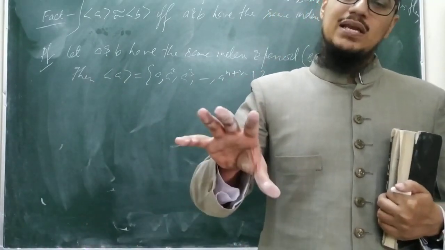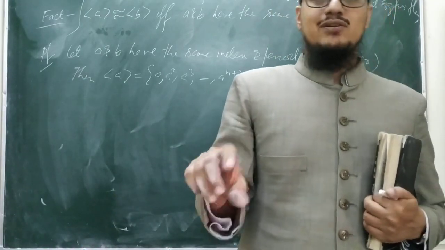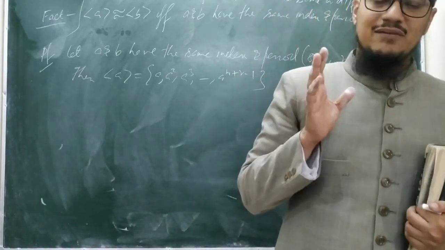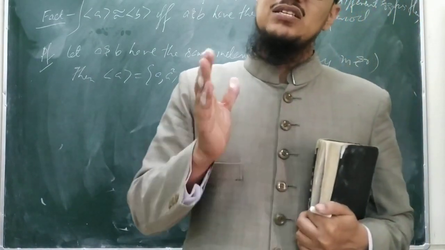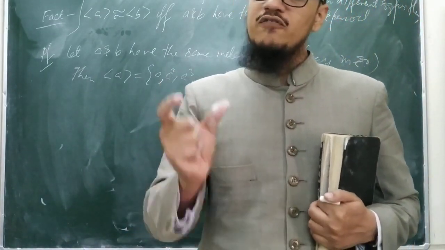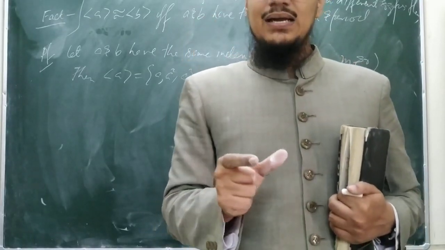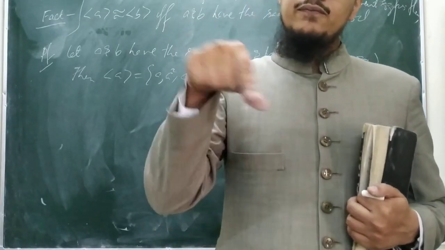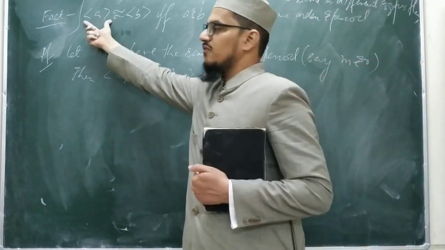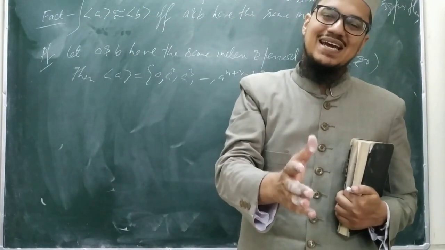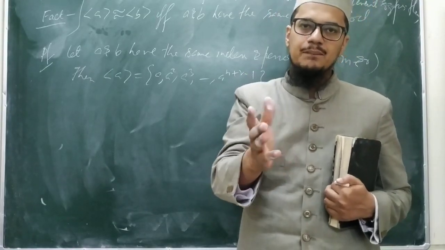Because the order of the element is finite. When the order of an element is finite, say A is the element, and we are saying the order of A is finite, it means that the order of the monogenic subsemigroup generated by the element is finite. So A must have an index and some period.